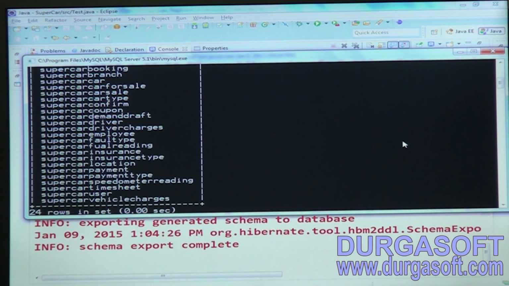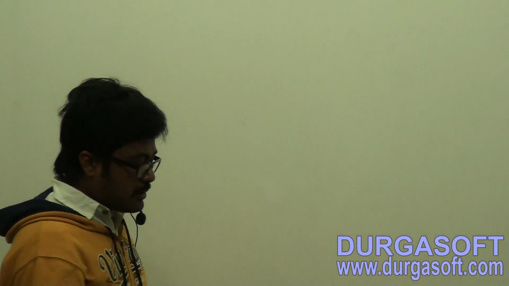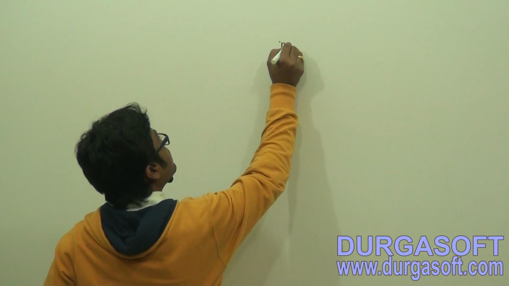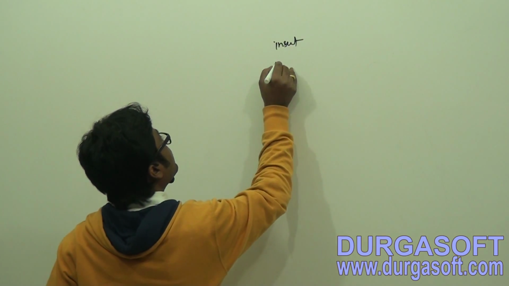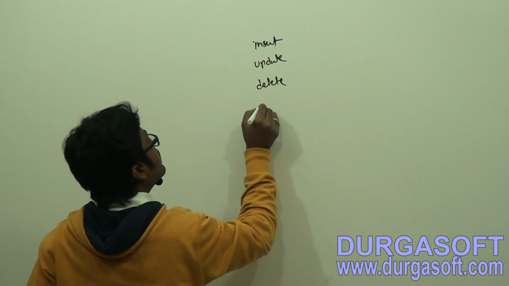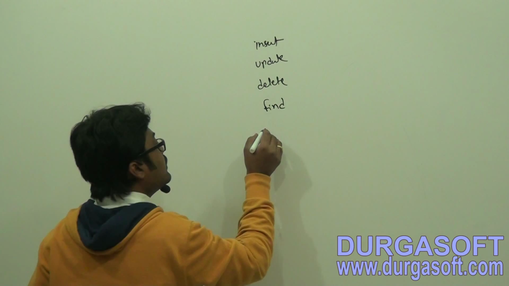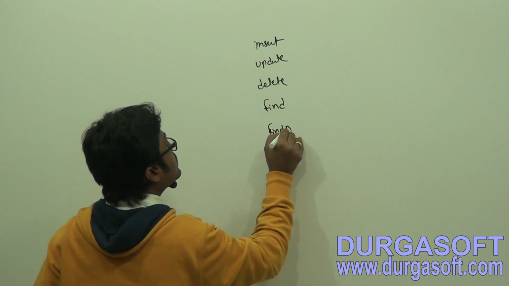I'll show you one format for how to write a DAO. For every database table, what are the main required operations from the client side? From the application you may need to do insert, update, delete, and you may require a single record, or you may require all records.